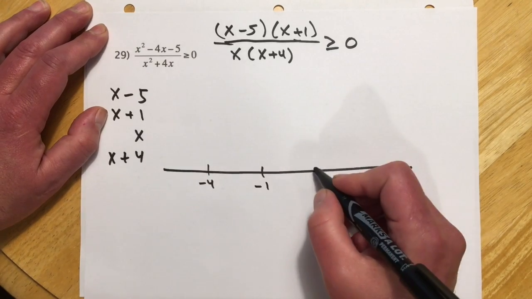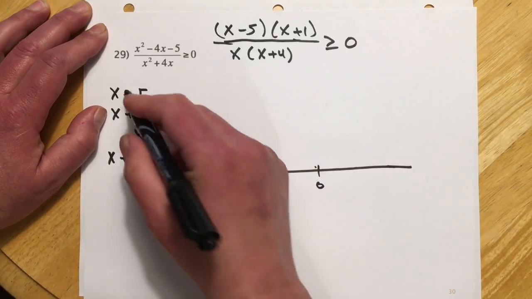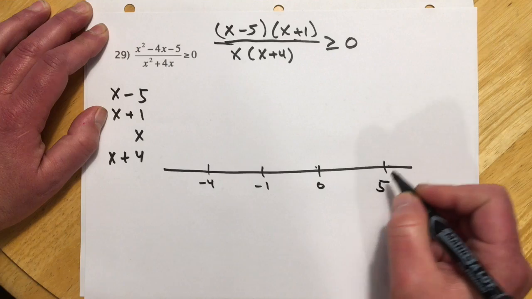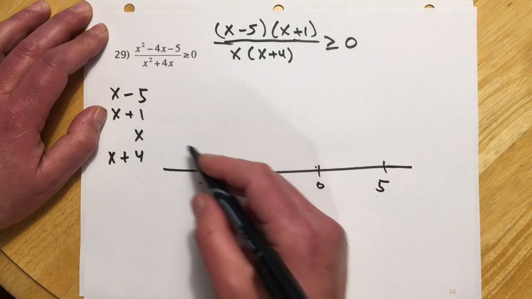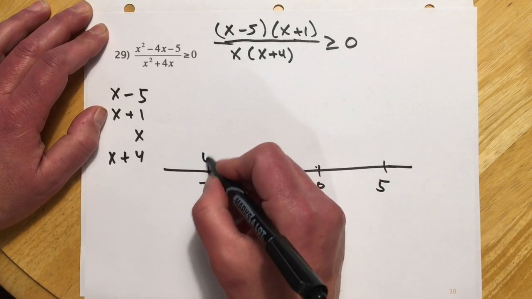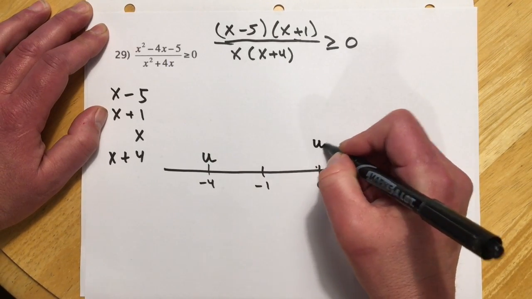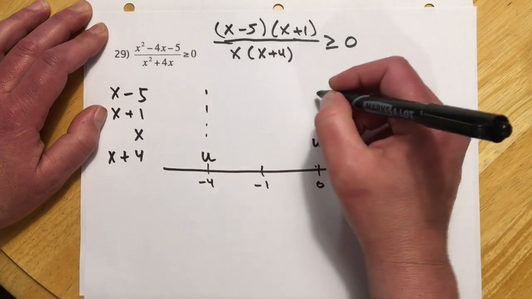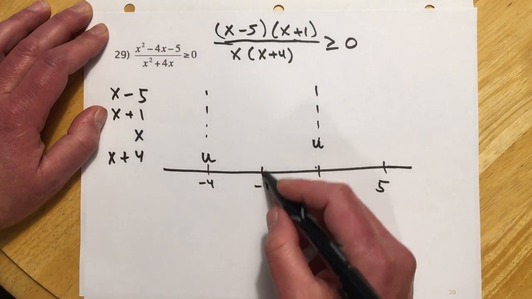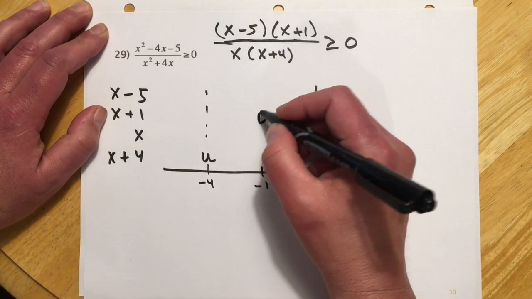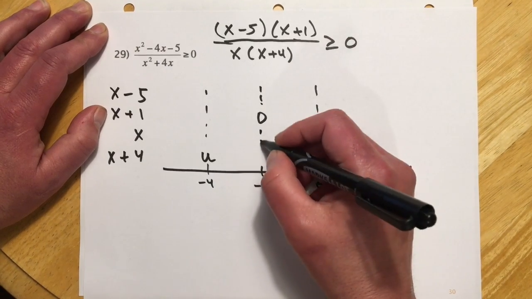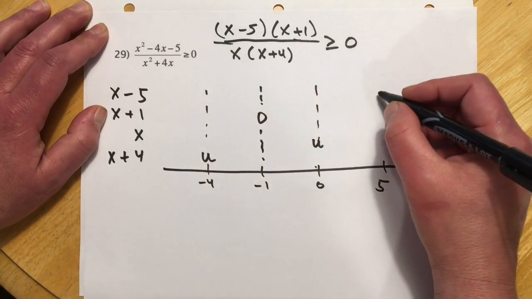I have 0 at 0. And I have 0 at 5. And so these two are going to be undefined. And at negative 1, these ones are actual zeros. These are from the numerator. And 5.